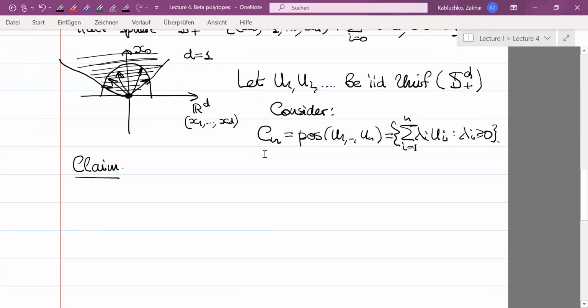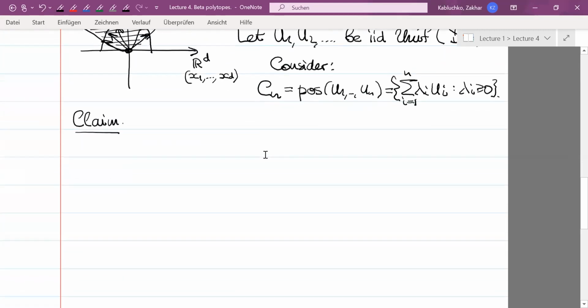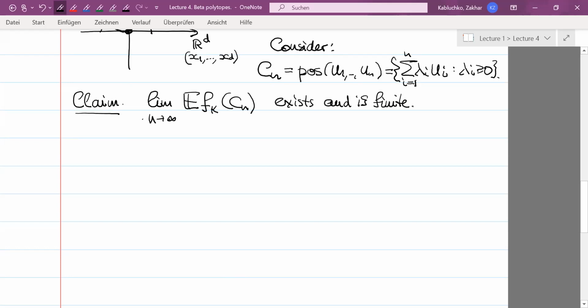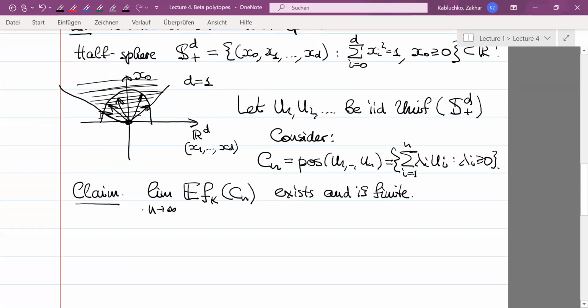So I will just skip the references from now on. And they made the following somewhat surprising observation, that the limit as n to infinity of the expectation of f_k of C_n exists and is finite.